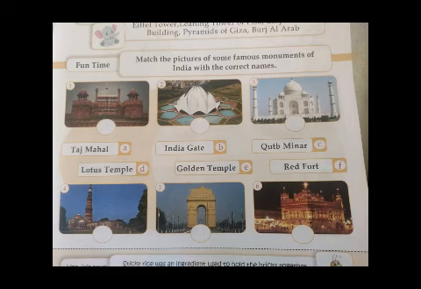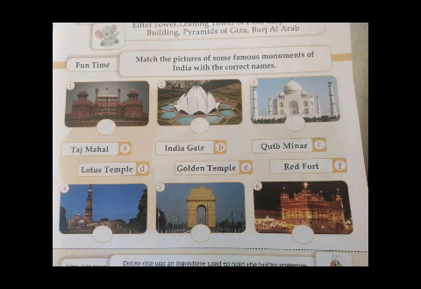Now see the third image. In the third image you can see this monument, which is one of the 7 wonders of the world and a very famous monument. It is called the Taj Mahal, meaning crown of the palace. It is located on the southern bank of the river Yamuna, in the Indian city of Agra.